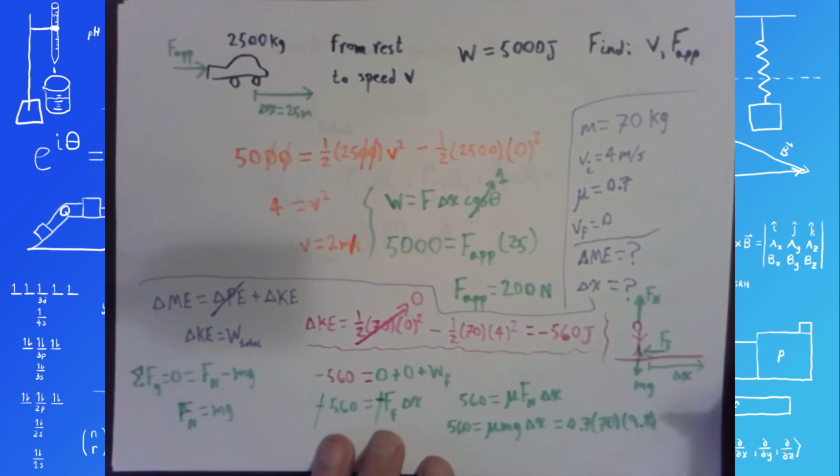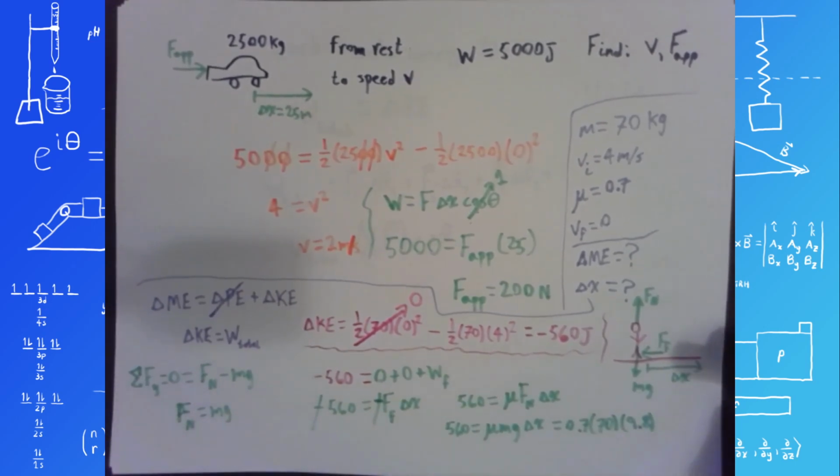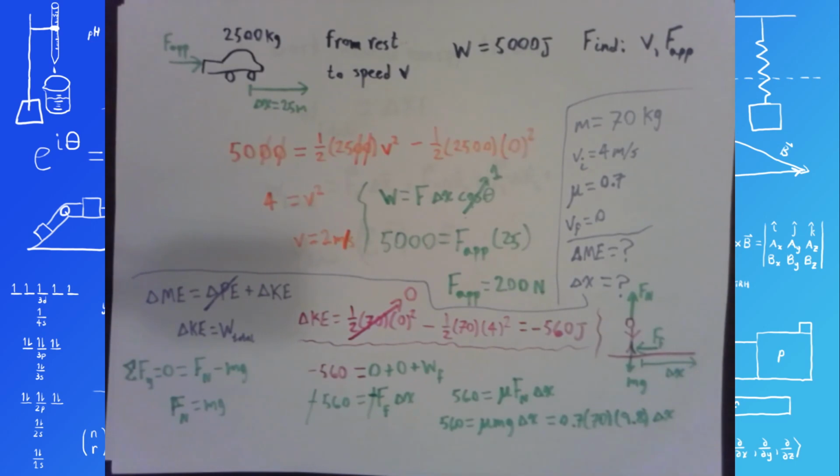The AP exam does allow you to substitute 10 for g. Sometimes the problem straight up tells you to use 10 for g. And delta x.